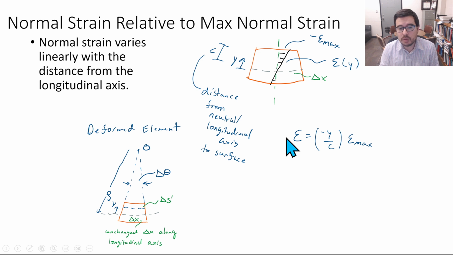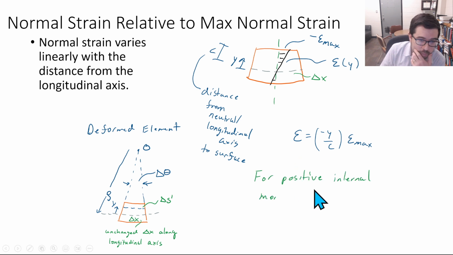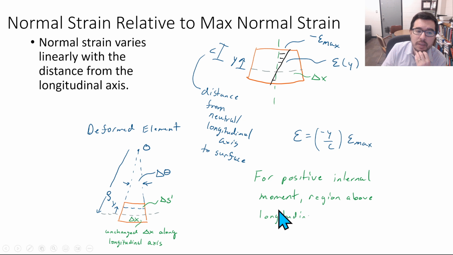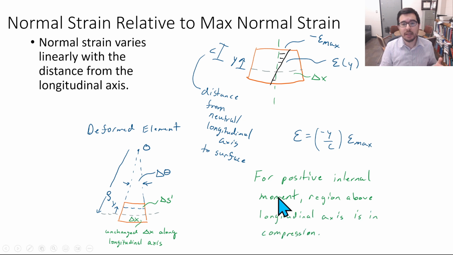Another thing to keep in mind, even though we haven't related the moments to a quantitative value of strain at this point: if we have a positive internal moment, that's going to put the top in compression, and the bottom will be in tension.